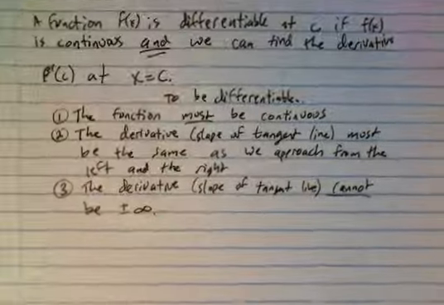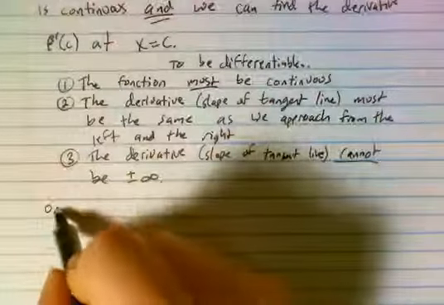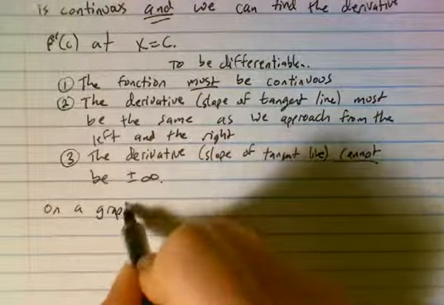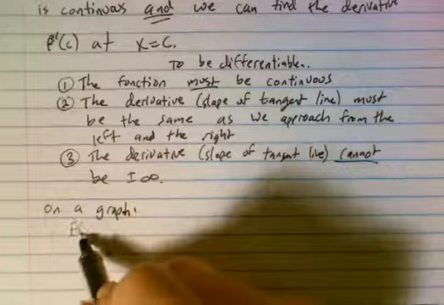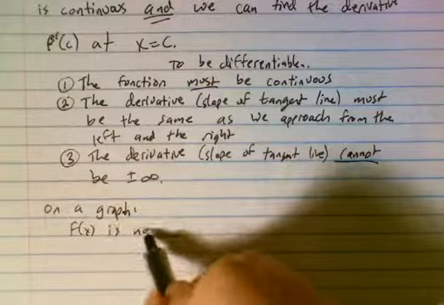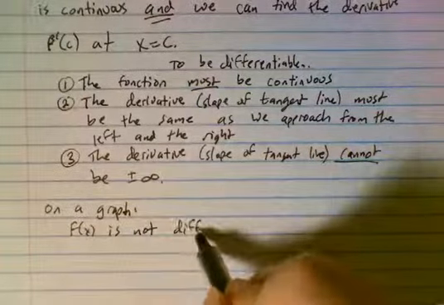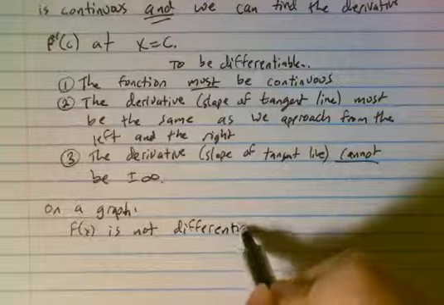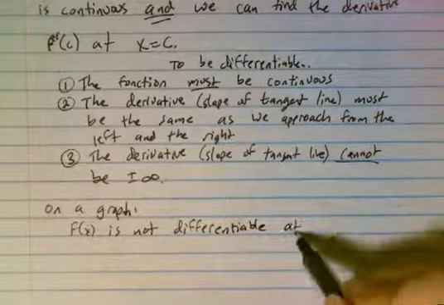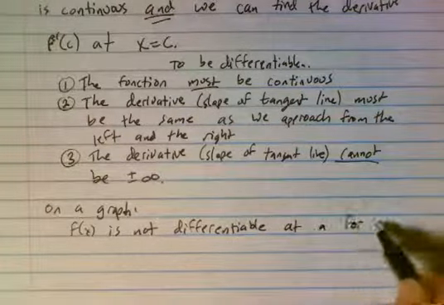So on a graph, we can just sort of look and spot these things. f of x is not differentiable at a for each of the following.